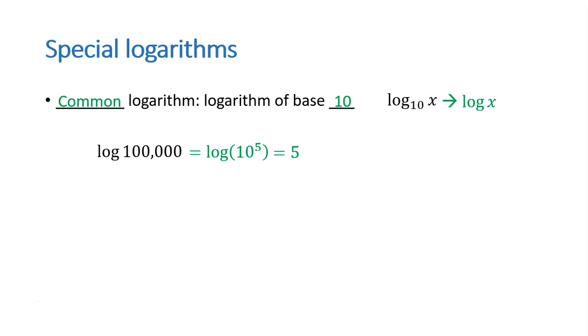What about log of 0.001? The 1 is in the thousandths place, so this is one thousandth. Same situation, so we want to rewrite the input in terms of the base. There's an understood base 10, so we want to write it base 10. Well, 0.001 is 10 to the negative 3 power.